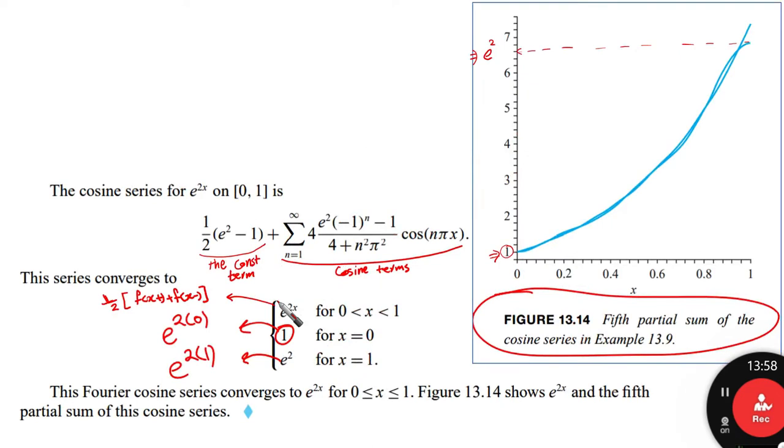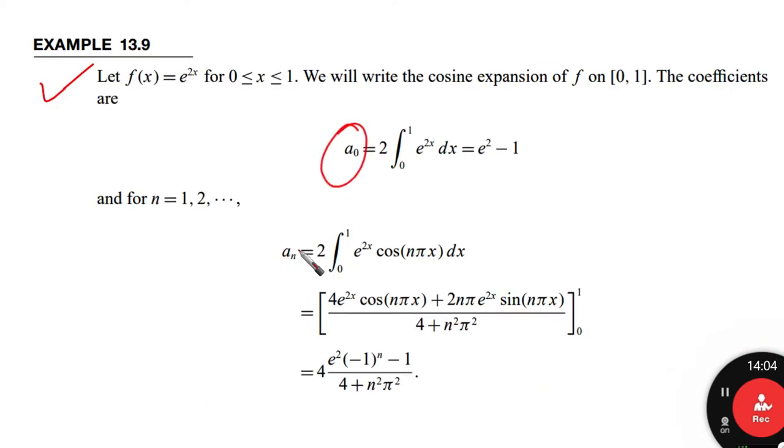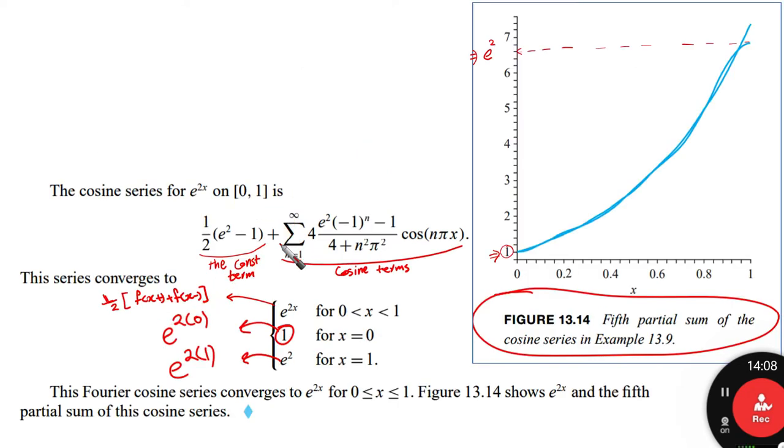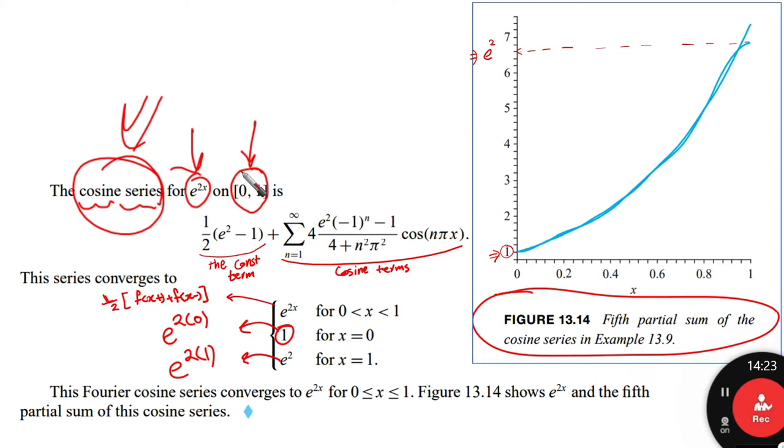Okay, so now let's go and understand this more. Let's put our function. Now we obtained a0 and an, right? We want both of them in order to put our expansion, the Fourier series expansion. So the Fourier cosine series of the function e raised to the power 2x on the interval 0 to 1 is going to be like this.